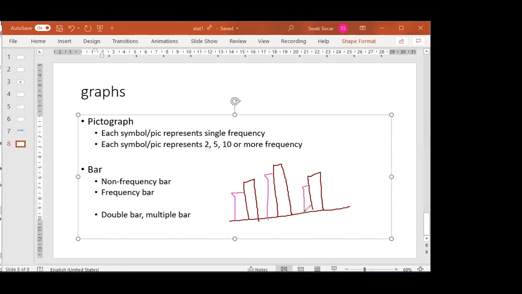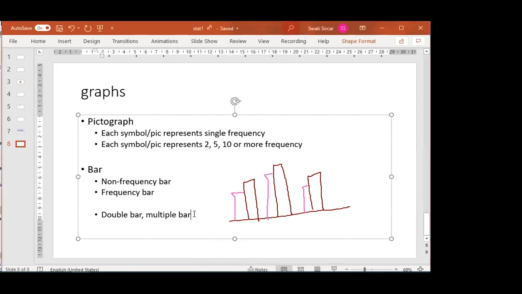If there are more than two, then it will be a multiple bar. For example, when you want to compare things like language, math, and EVS scores, at the beginning of the year and the end of the year, or for 3 different classes, then these kinds of things help. And this is also there in the textbook.